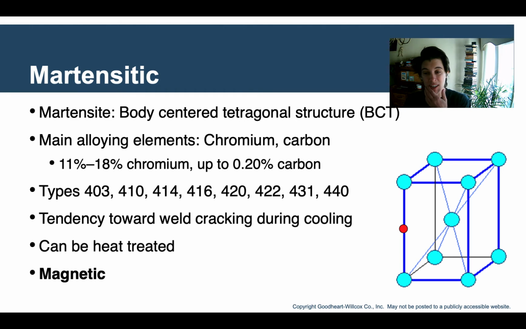Now, martensitic can be heat treated, so it can be hardened and annealed with heat. And it is also magnetic. So it's not as common as ferritic, but unfortunately ferritic stainless steel and martensitic stainless steel are both magnetic. So again, it can be difficult to tell the difference just looking at them on the surface.